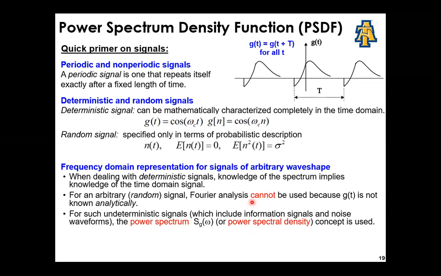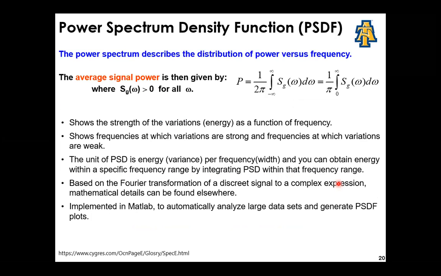So the concept of power spectrum density is used for such indeterministic, non-periodic signals. The power spectrum describes the distribution of power versus frequency.